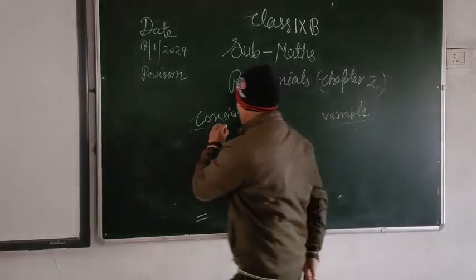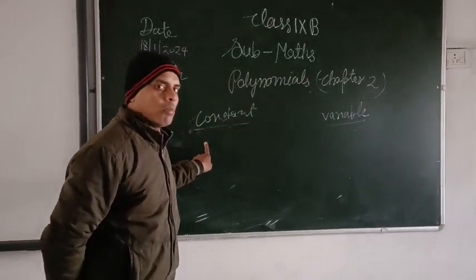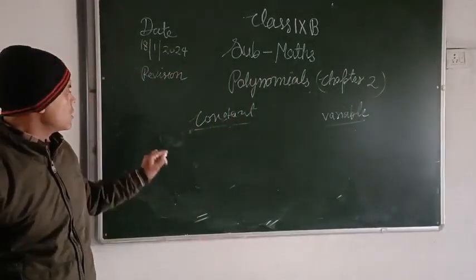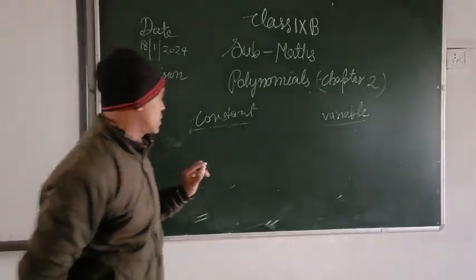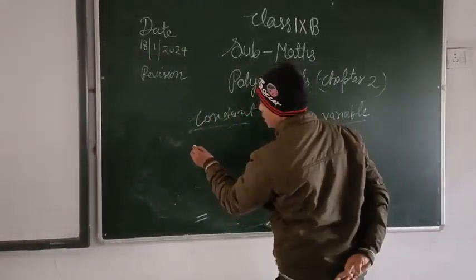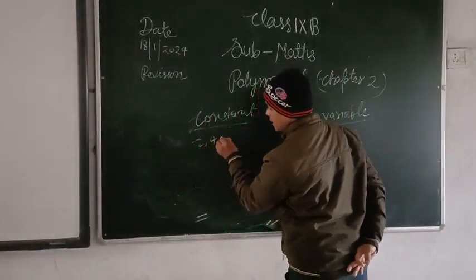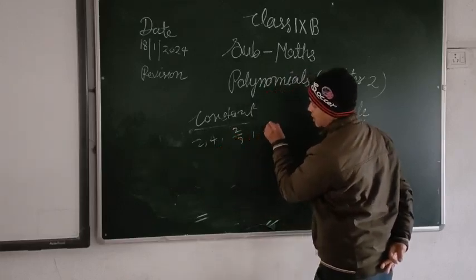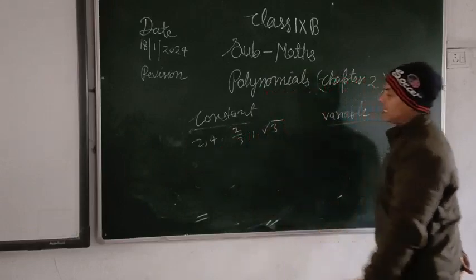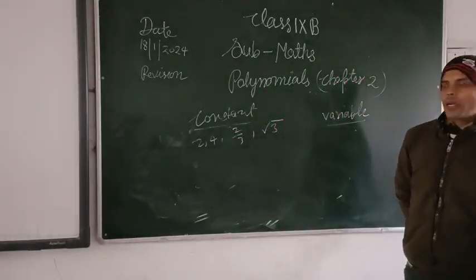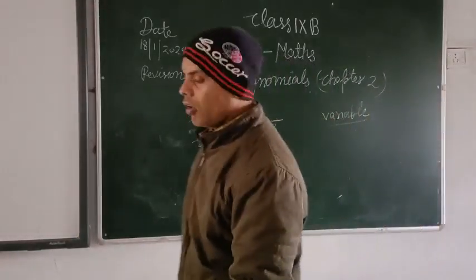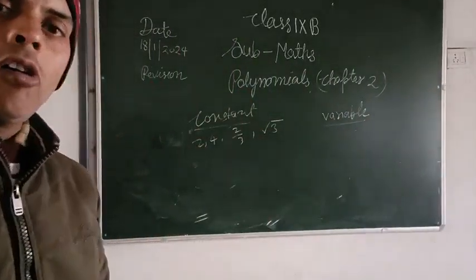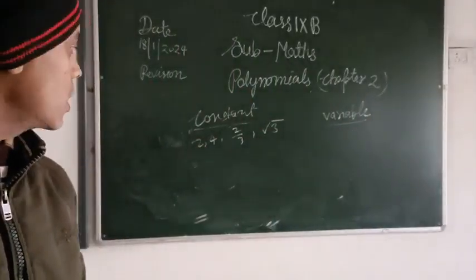So what is constant? A symbol having fixed numerical value is known as constant. For example, 2, 4, or 2 by 3, root 3, these are constant. So we say that all the real numbers are constant.